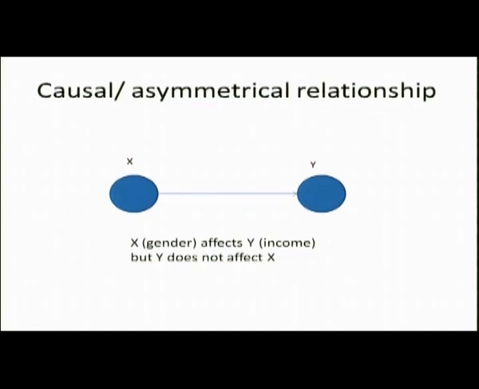For a variety of reasons, gender affects income, and in almost all countries for similar types of jobs, men earn much more than women. Income does not affect gender. Gender will not change, your income may change, but income will not change your gender. So, while X affects Y, Y does not affect X, and this kind of relationship is called causal or asymmetrical relationship.